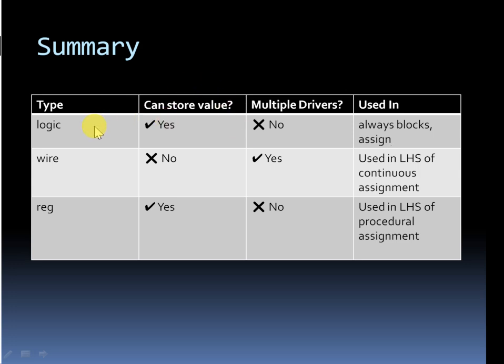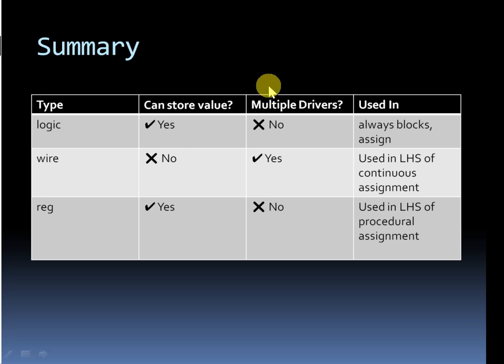Logic and reg can store a value. Wire cannot store a value; it is only used for physical connections of primitives or gates. Wire can be used for multiple drivers, while logic and reg cannot. This is the summary of the whole logic part. Remember that the default value of logic is X, and it is a 4-state data type.